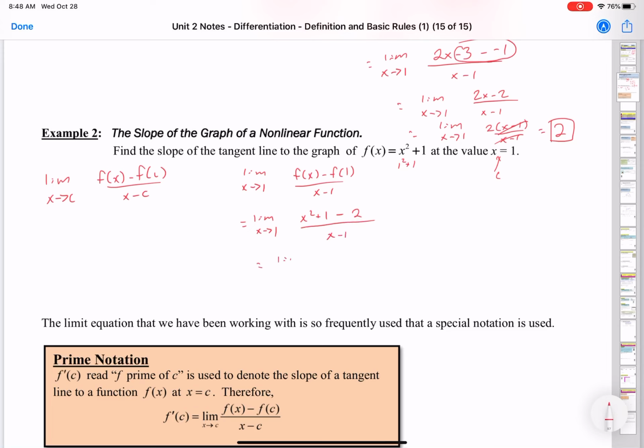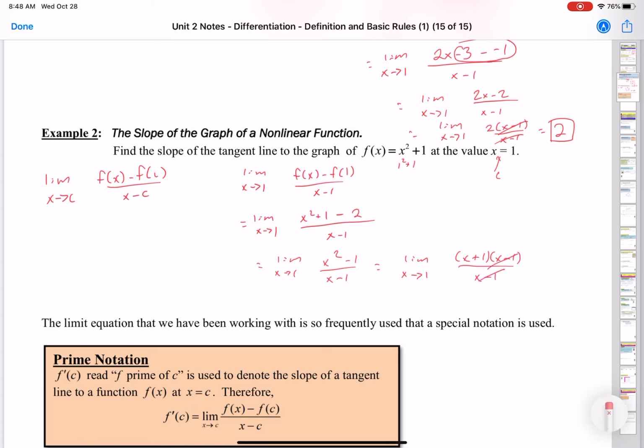A little bit of simplifying. This numerator would simplify to x squared minus 1 over x minus 1. And then the numerator here is a difference of squares. So we could factor that down to x plus 1 times x minus 1 over x minus 1.